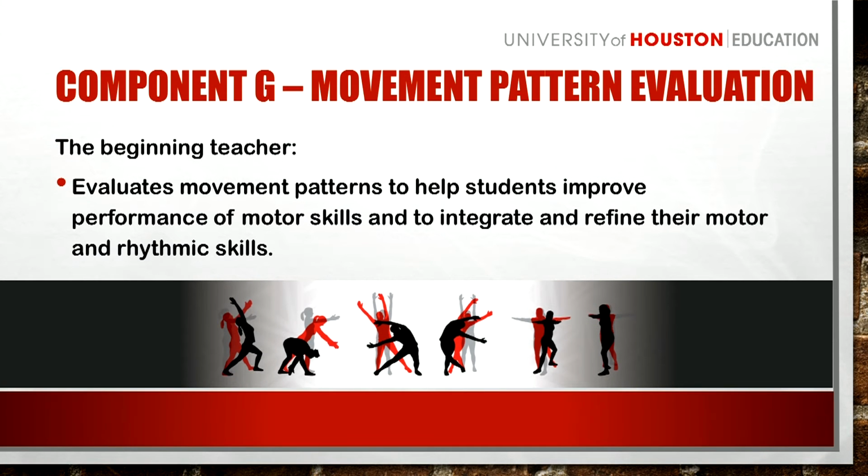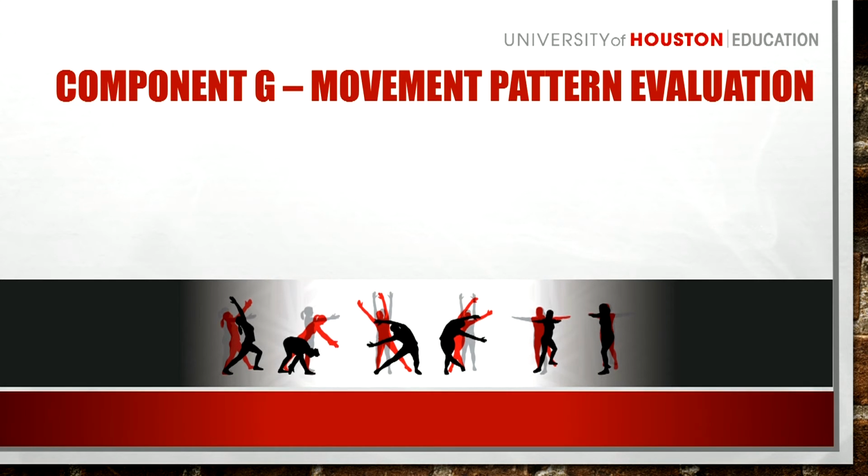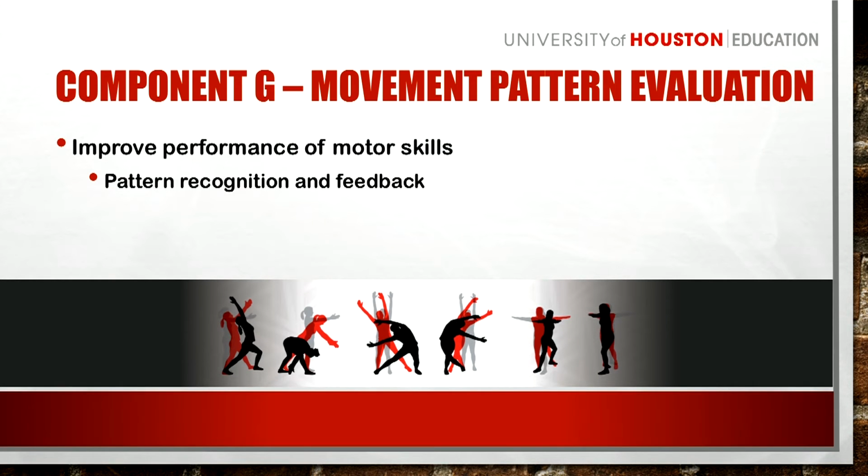So to recap what component G of competency for physical education is, the beginning teacher evaluates movement patterns to help students improve performance of motor skills and to integrate and refine their motor and rhythmic skills. And so in doing this, we're looking at that improvement piece. You're looking at pattern recognition and feedback.